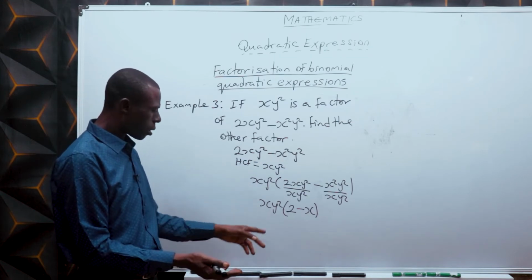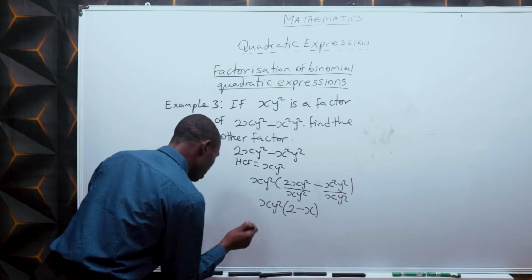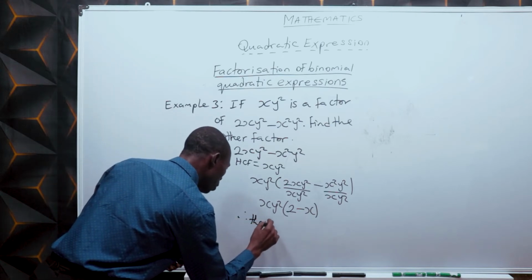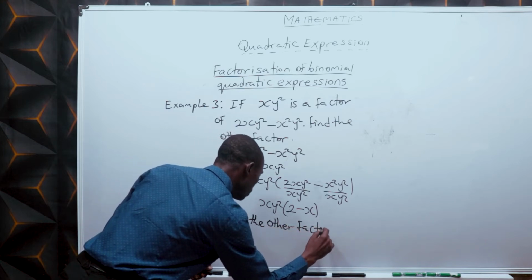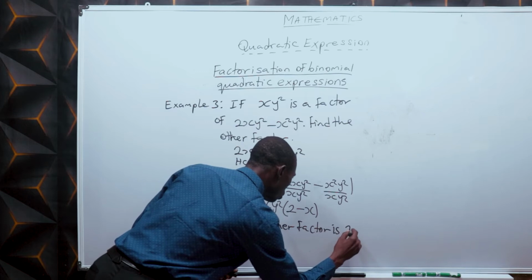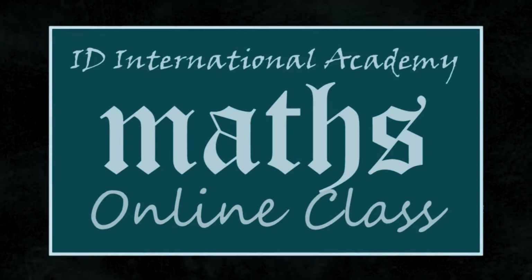What is the other factor? 2 minus x. Now right, therefore, the other factor is 2 minus x. Simple.